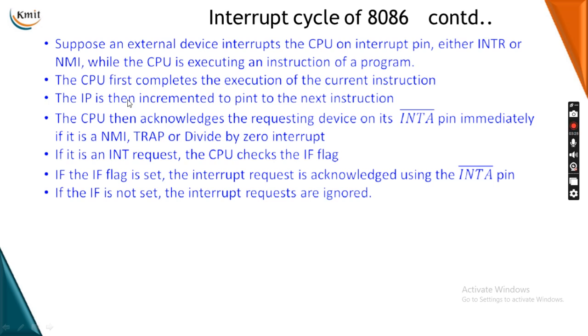The CPU then acknowledges the requesting device on its INTA bar pin immediately if it is an NMI, trap or divide by 0 interrupt. If it is an interrupt request, the CPU checks the IF flag. If the flag is set, it acknowledges on the INTA bar pin. If the IF flag is not set, the interrupt requests are ignored.